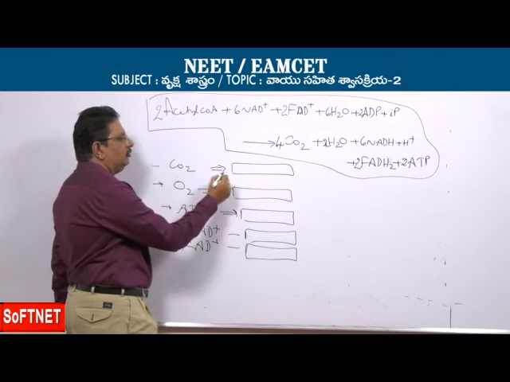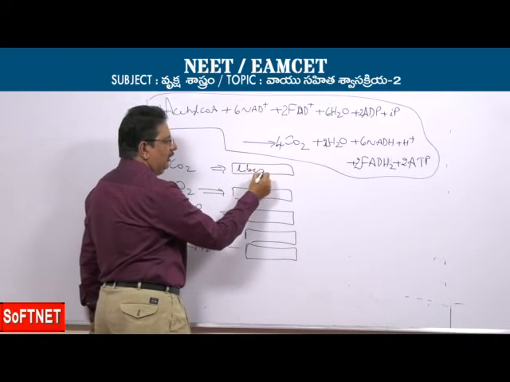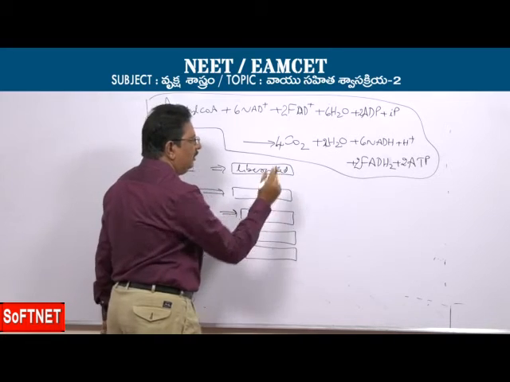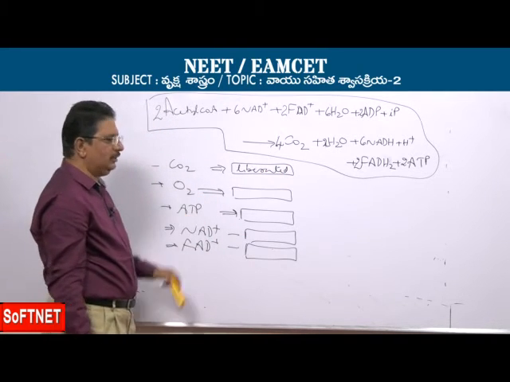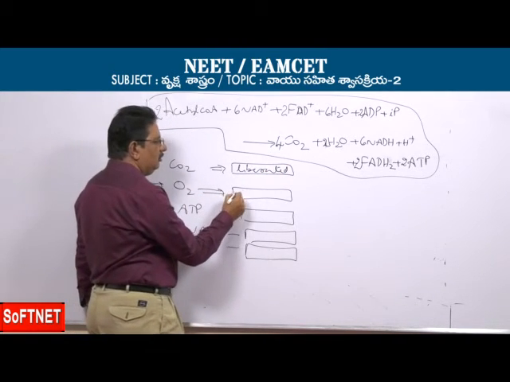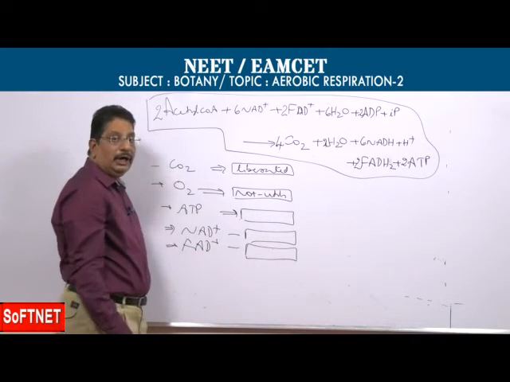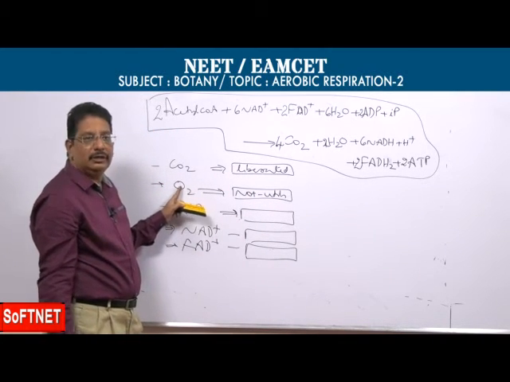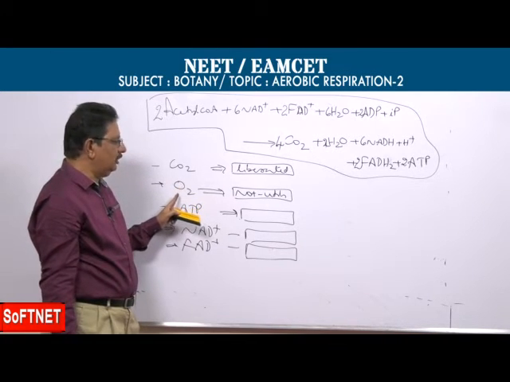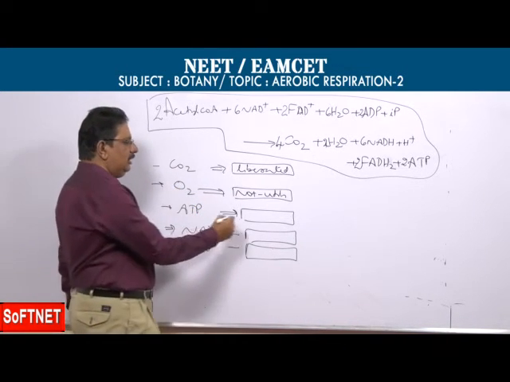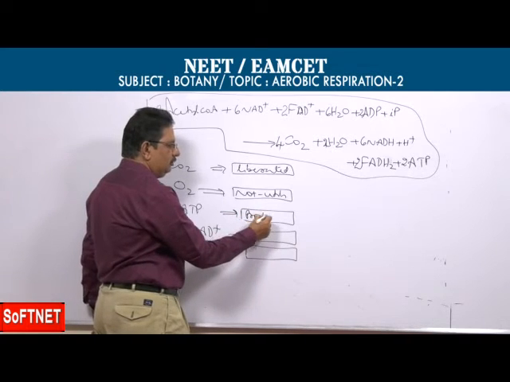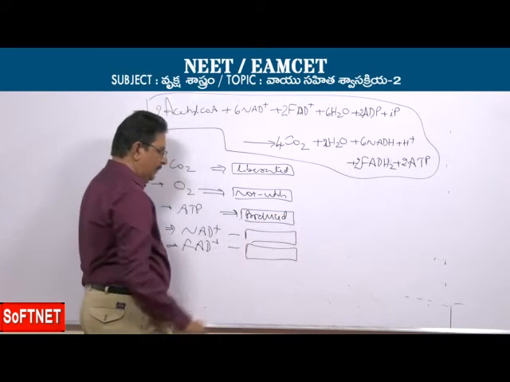So, the CO2 molecules are liberated through decarboxylation reactions, and oxygen molecules are not utilized. So, still there is no participation of the main substance for aerobic respiration, oxygen. ATP is produced through SLP.